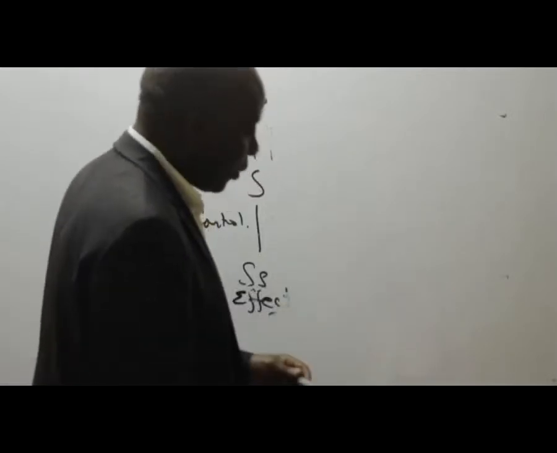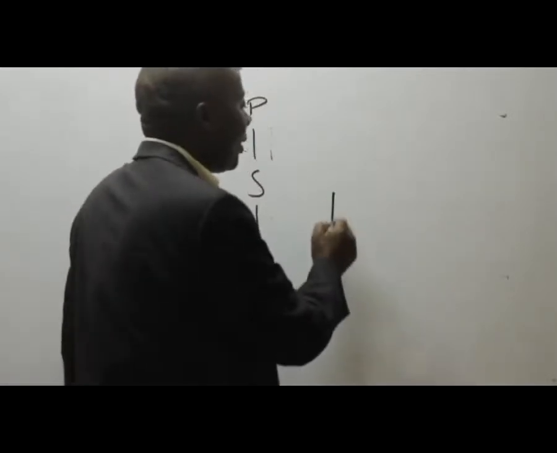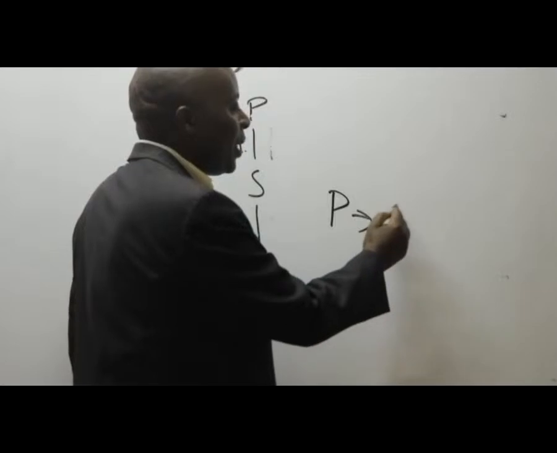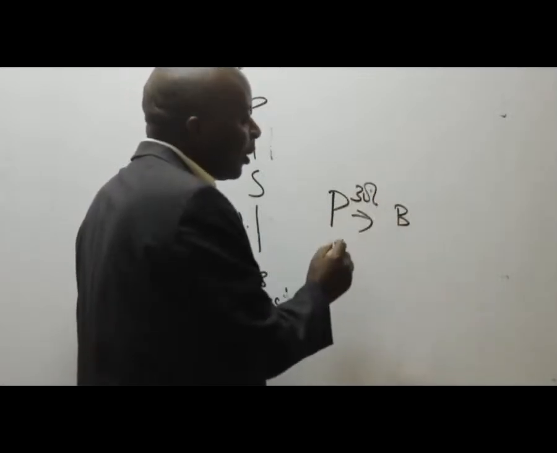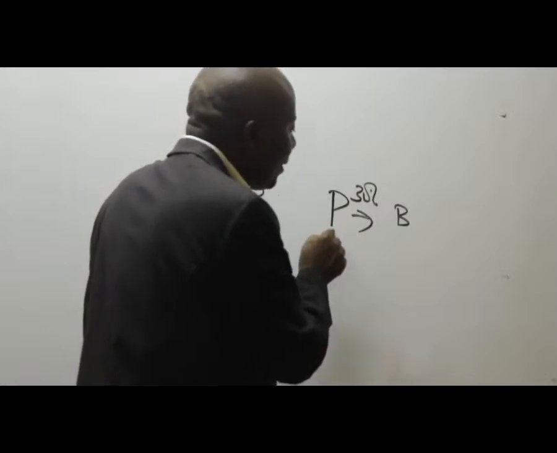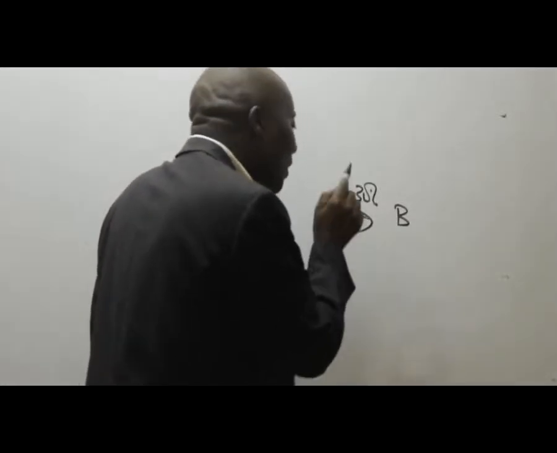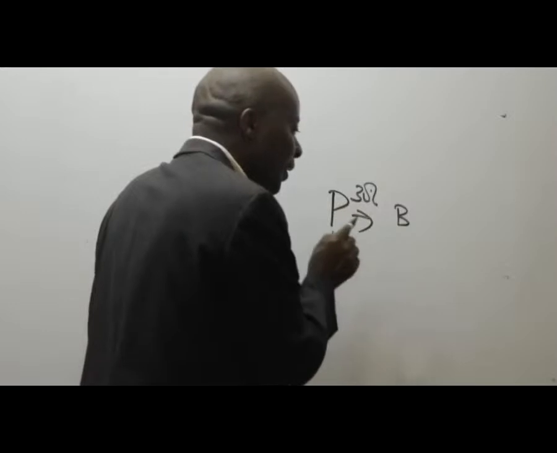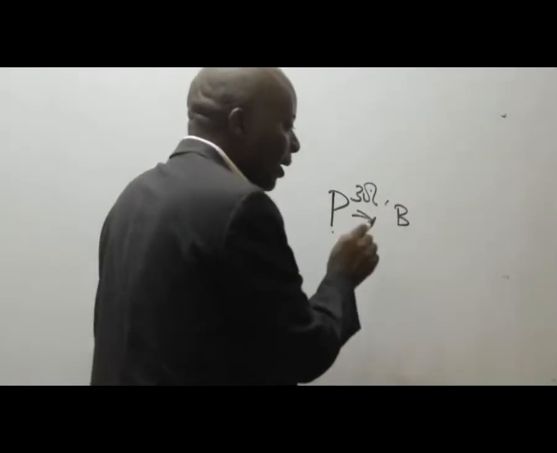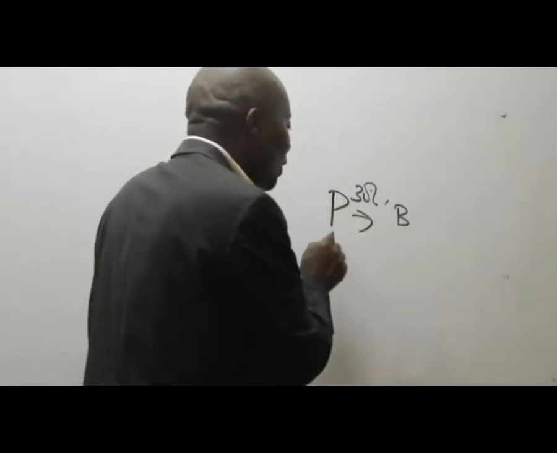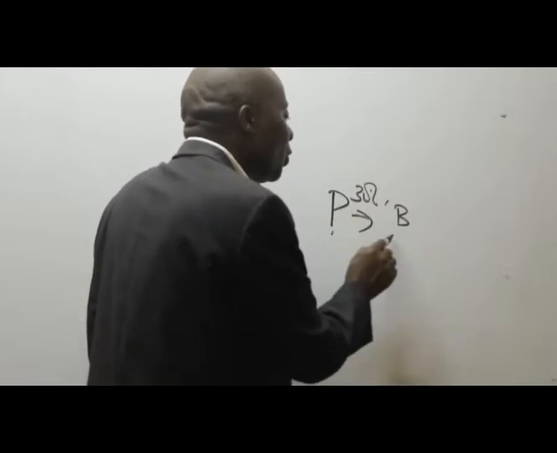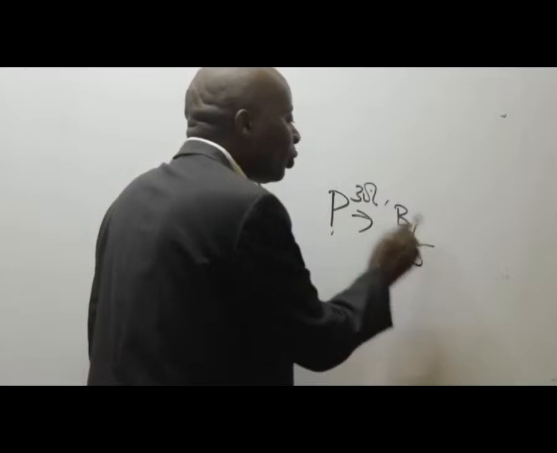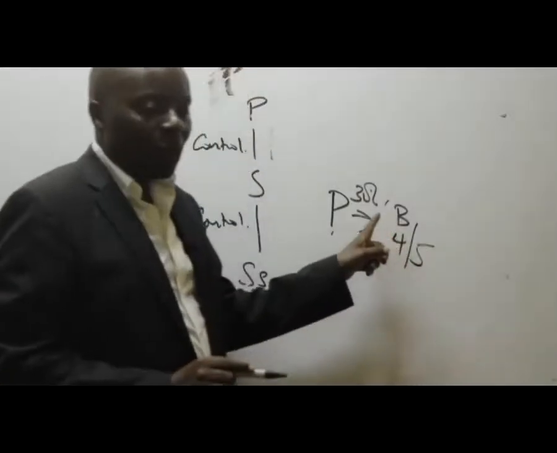They'll tell you that P owns a company called B. They'll tell you that P owns 30%, but they'll go ahead and tell you that P has been given the right to control B. In which way? They'll tell you that P has been given a right by the other shareholders to appoint, say, 4 out of 5 directors of B.